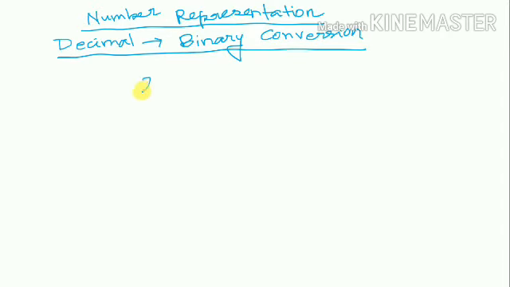Suppose you are given a decimal number 25. So how to convert this into a binary number? I think you have that concept. Do you have this concept? Can you convert it into binary representation? Okay, all of you know this.